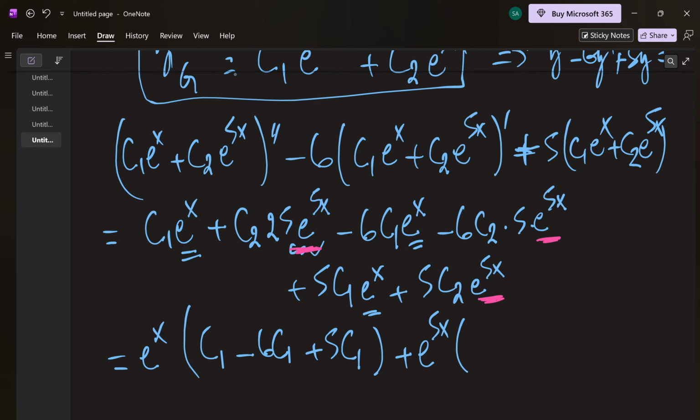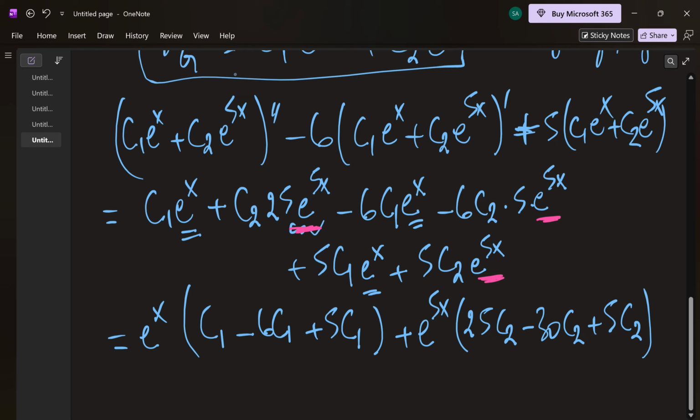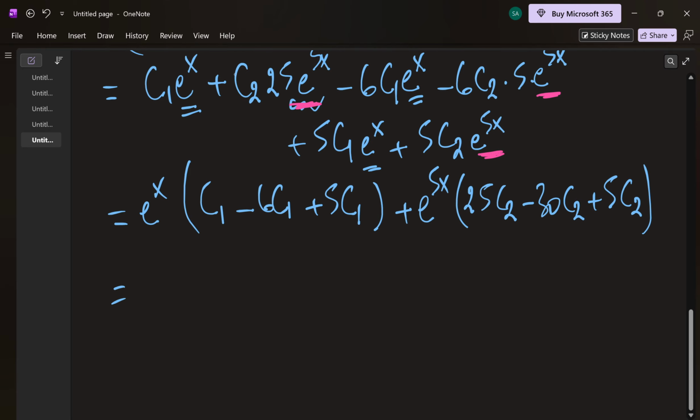Here we have c2 times 25, so 25 c2, and also minus 6 times 5, which is minus 30 c2. And the remaining one is plus 5 c2. Now do the algebra.